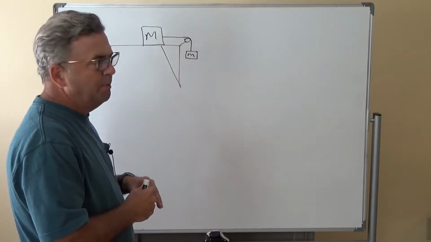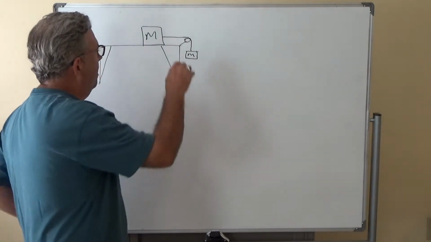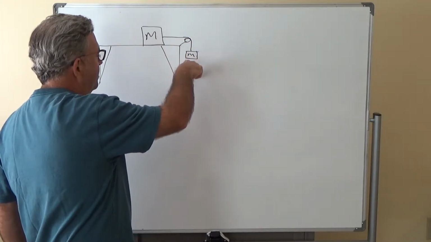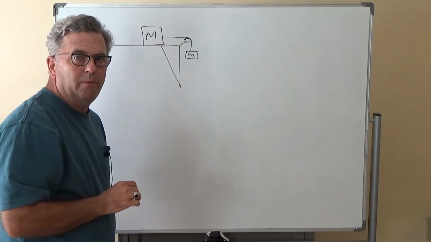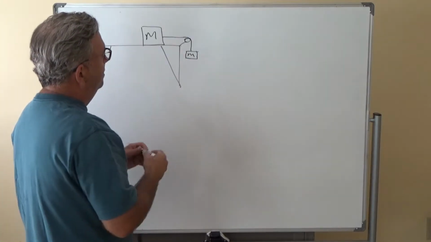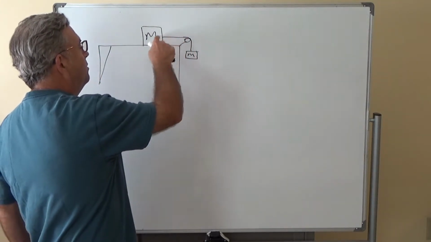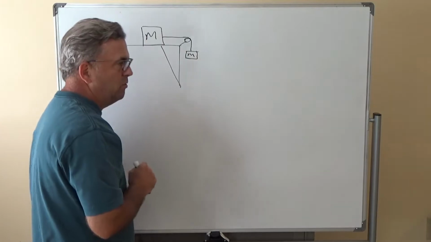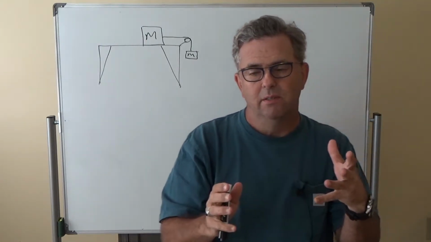But what's going to happen with this system if there's no friction? Let's say that the system starts from rest. Well, obviously, this mass is going to begin to fall, and this mass is going to slide along the table, okay? This is under the influence of gravity, so there's a force acting here due to gravity. Then there's also a force along this string. That force all along the string we're going to assume to be equivalent.